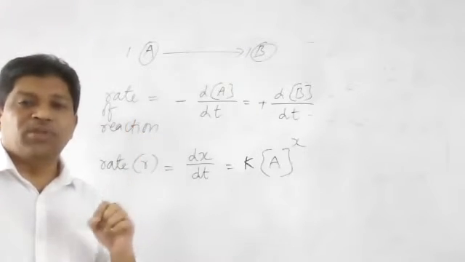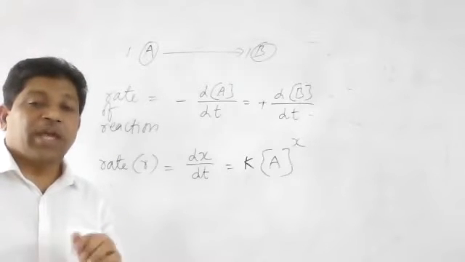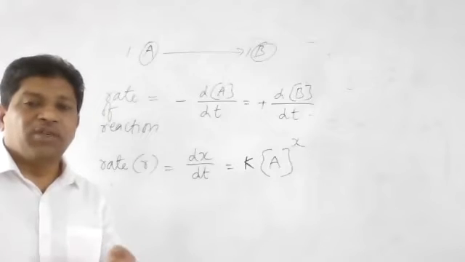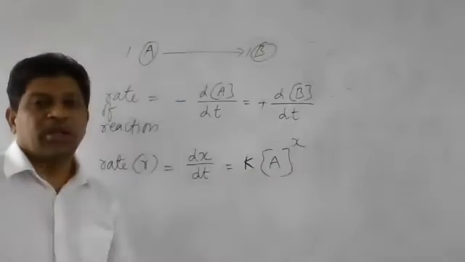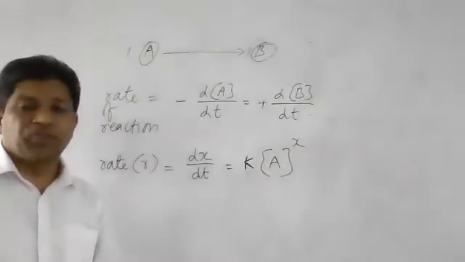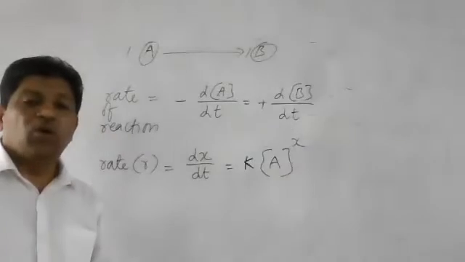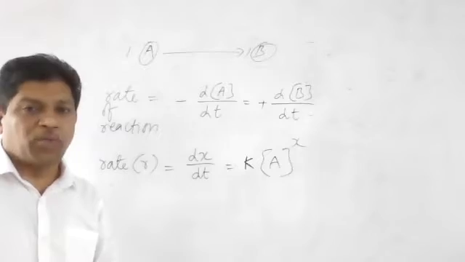Here 1 mole of A appears, which is the stoichiometric mole. But how many moles of A actually change and decide the rate of reaction? x moles. How to get this x value? By experiment only. We cannot get it directly. It is an experimental value, keep that in mind.